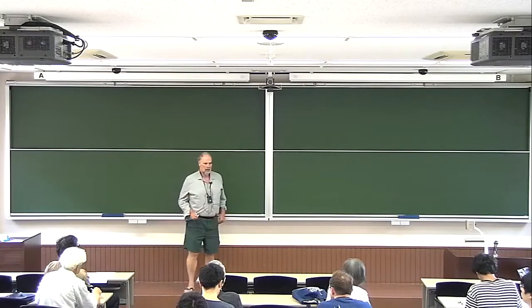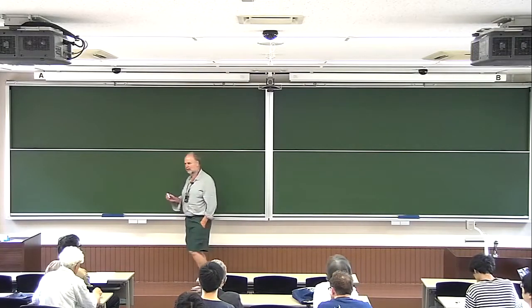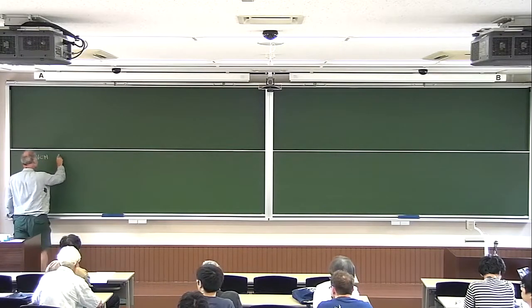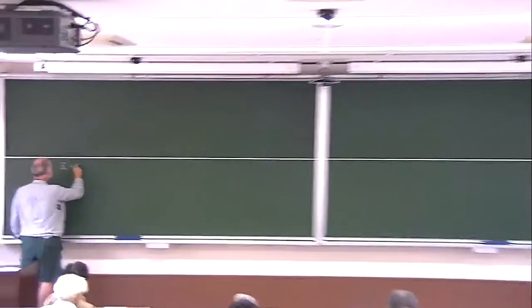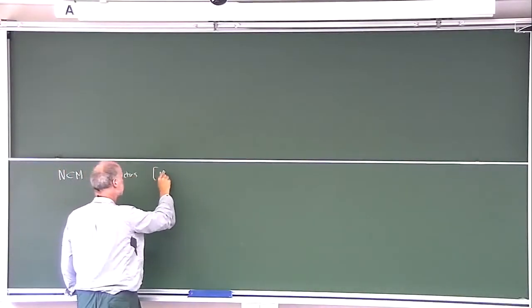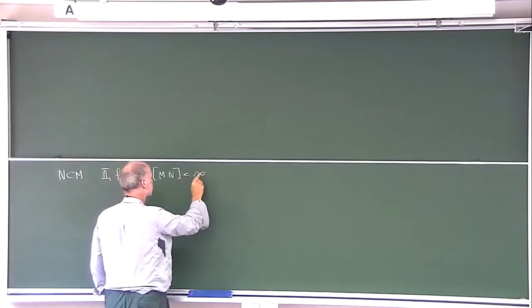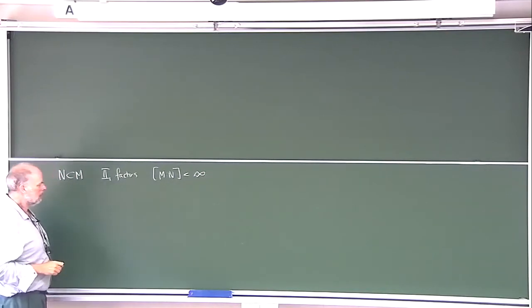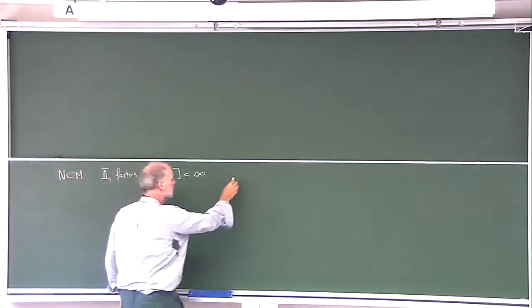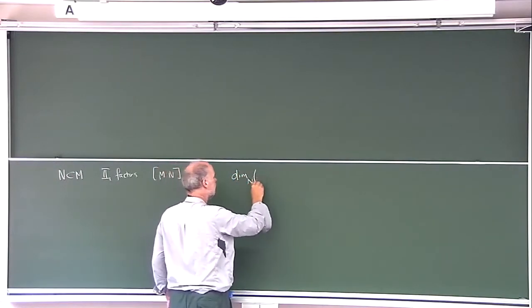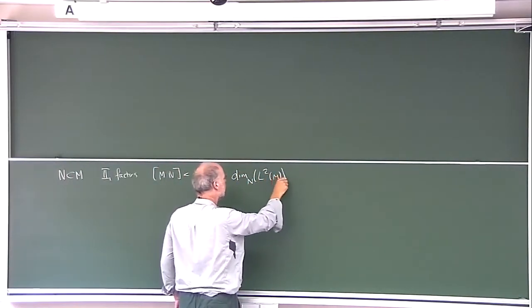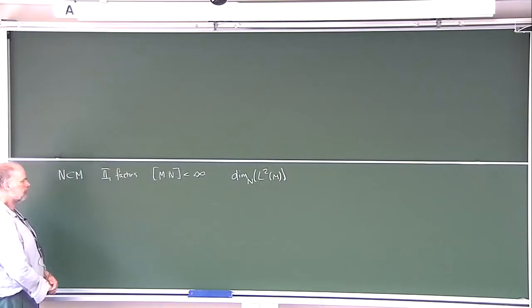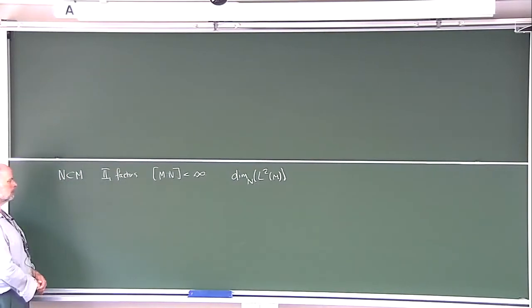Let me remind you where we left off last time. We were studying II_1 factors of finite index, and you remember the index was the dimension measured by the trace of the L2 space of M over N, a purely algebraic definition.